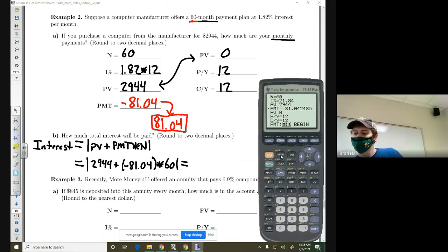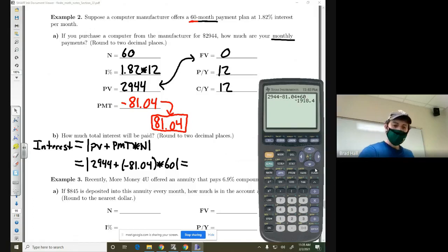So we can quit out of this, clear the screen, 2944 minus 81.04 times 60. So the interest in total, we want the positive value because of the absolute value.